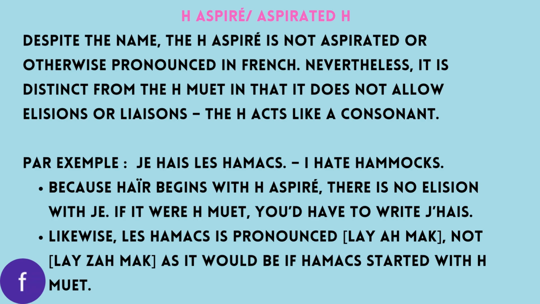And because it belongs to the aspirated H, we will not do the elision with the je. So we are not going to write j'hais, but je hais. Likewise, the hammock is pronounced les hamacs with no liaison, meaning we don't do the liaison.